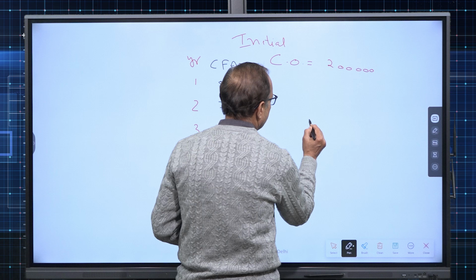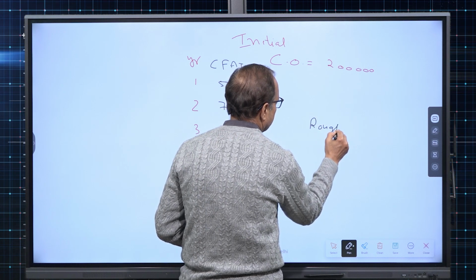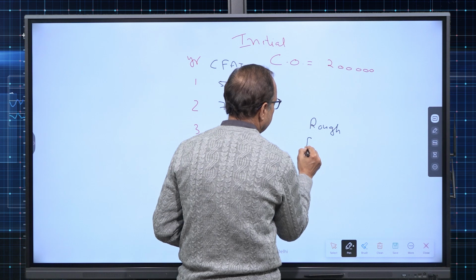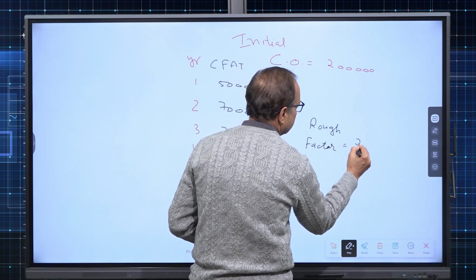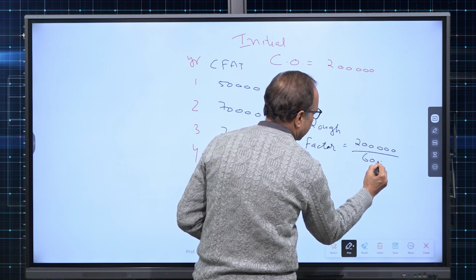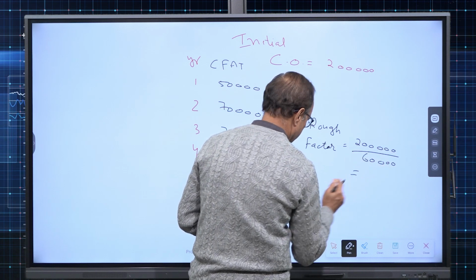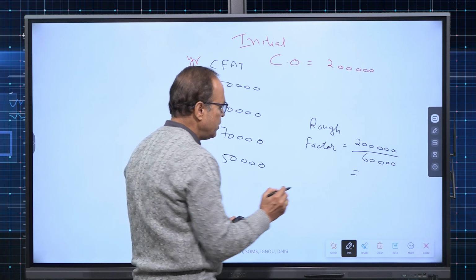Now, calculate rough factor or tentative factor, cash outflow divided by average cash inflow. So, what we get? 3.33.